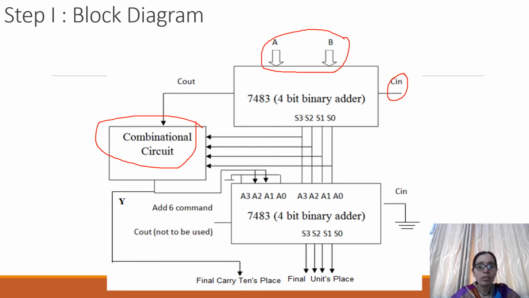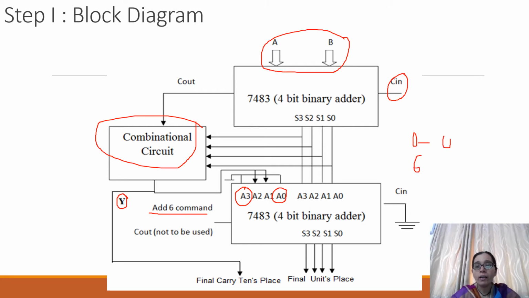So this combinational circuit will decide whether to give the add 6 command or not. If add 6 is not to be given, then it will add 0. Here the 6 command is given. As we can see here, these two, A3 and A0, are grounded, because either 0 is to be added or 6 is to be added.